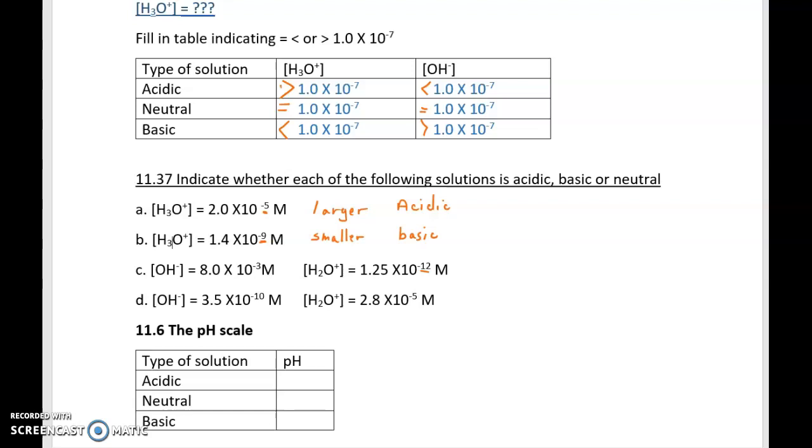This number is smaller, and so we'd expect this to be basic. And this number is larger, and we expect it to be acidic. You have to remember that very small numbers have larger negative exponents.